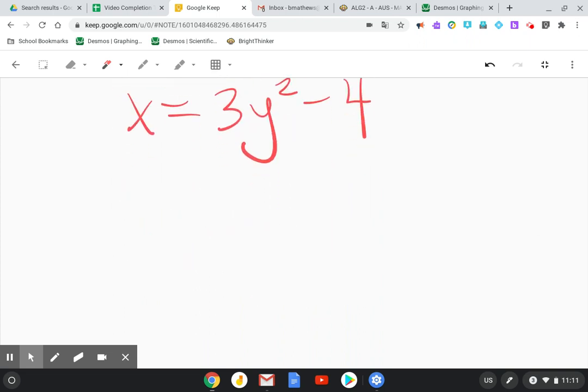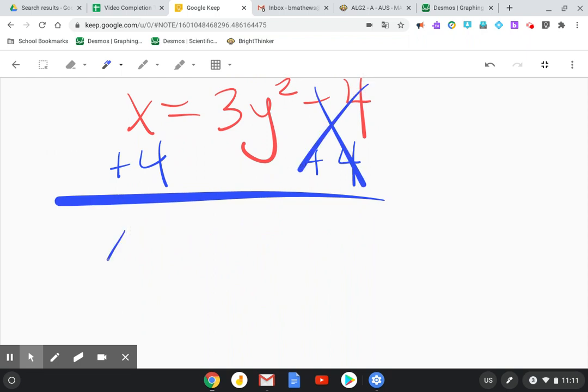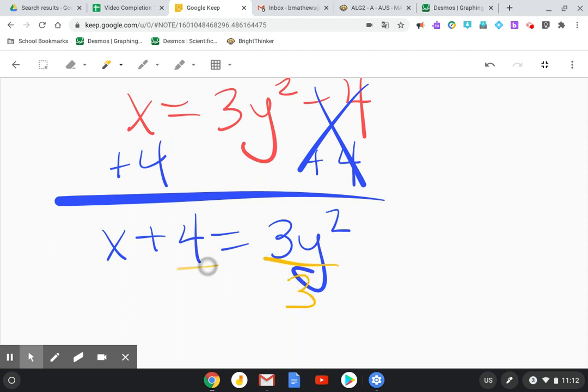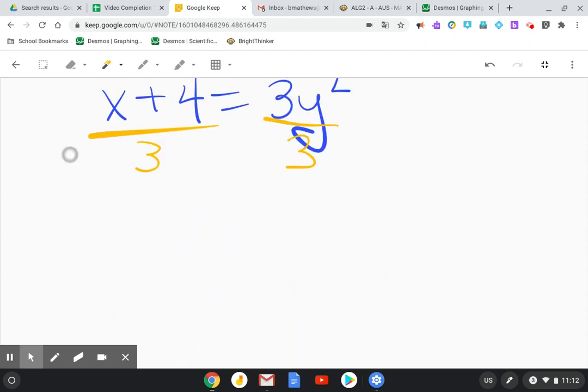Now I solve for y. First things first, I need to add 4 to both sides. This is all basic algebra stuff. X plus 4 equals 3y squared. I see there's a 3 being multiplied by y squared, so I'm going to divide both sides by 3, leaving me with x plus 4 divided by 3 equals y squared.